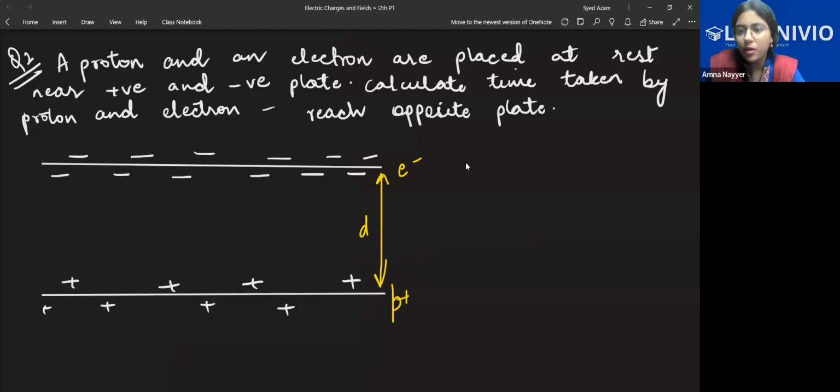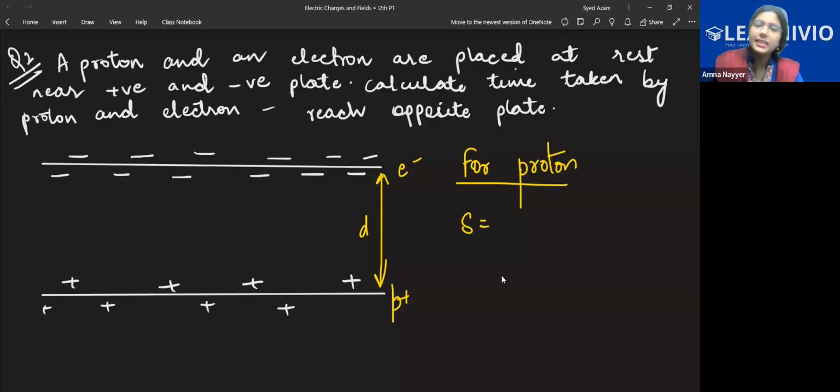Let's say for proton. For proton, we are calculating. Now class, distance that needs to be covered. Jesleen, can you tell me what's the distance that needs to be covered by the proton to reach the opposite plate?